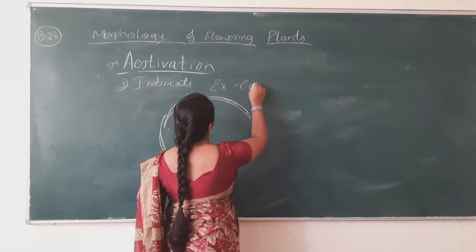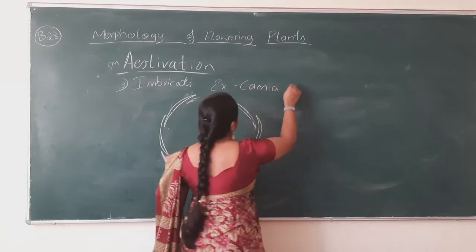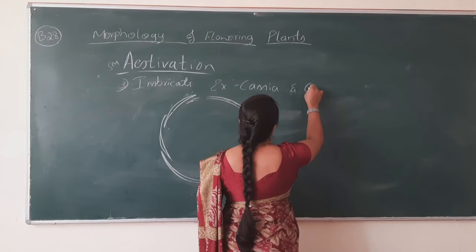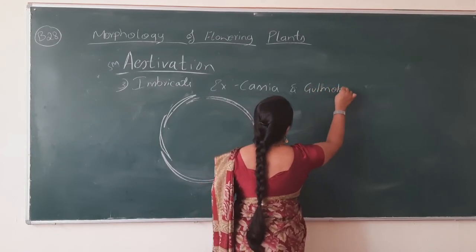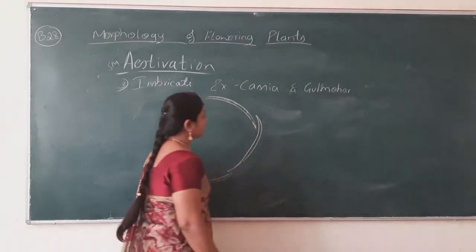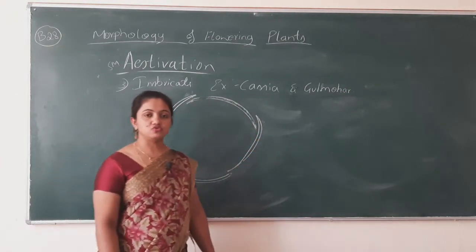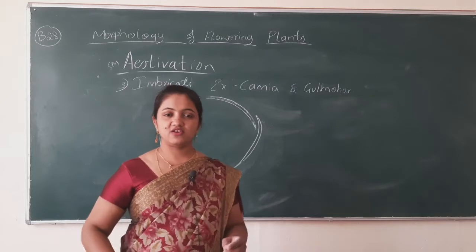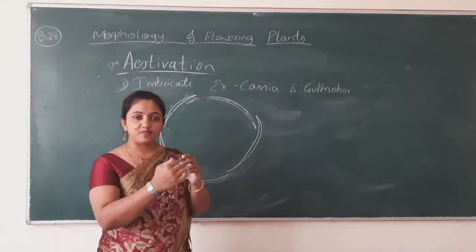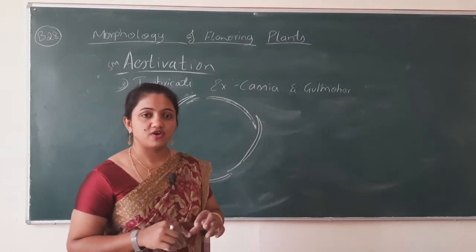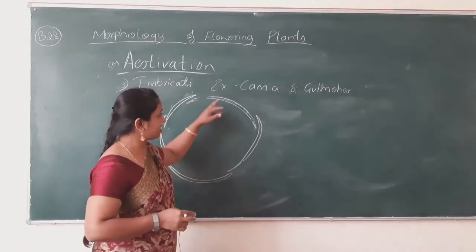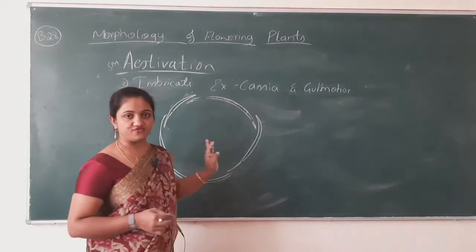Example is cassia and gulmohar. If you want to see all those flowers, just take any of the flower and look at the base of the petal or sepal. So at the base you will get this type of estivation.